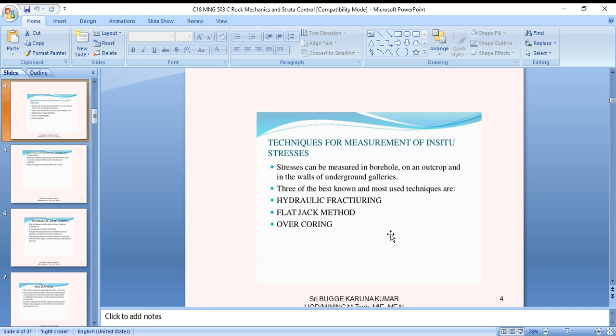So, the relative importance of the experimental process in rock mechanics investigation.